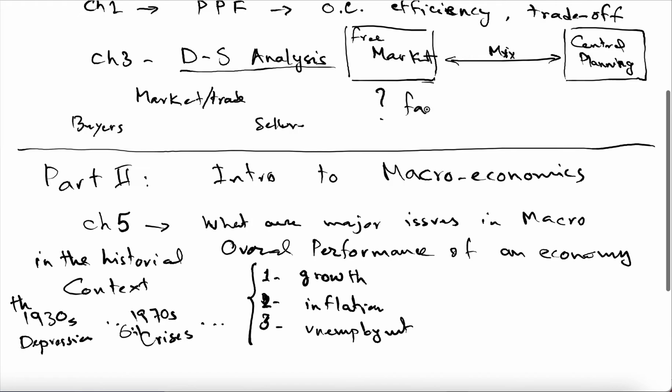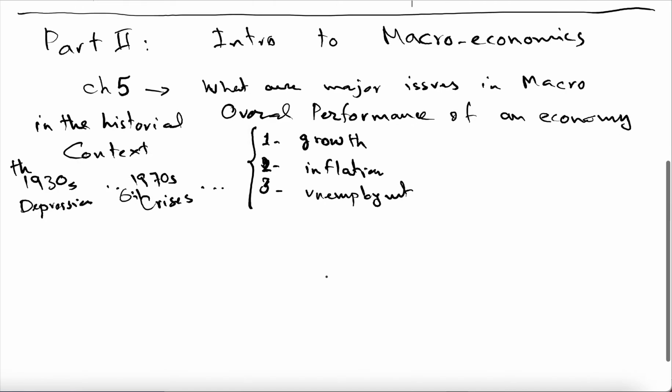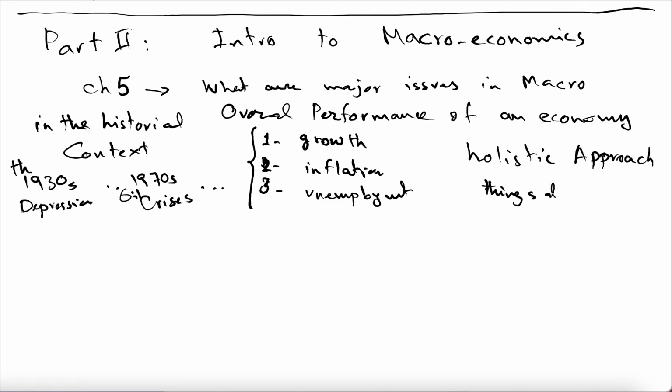Free market actually fails to resolve these major problems. So it requires an explanation from a different angle, the macroscopic or holistic approach, so things at aggregate. So we will discuss this in chapter 5.